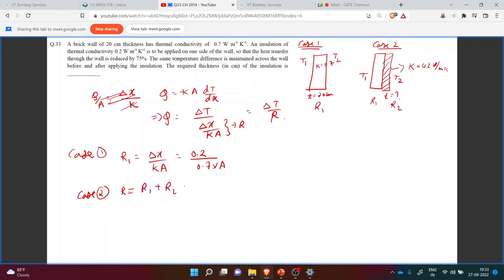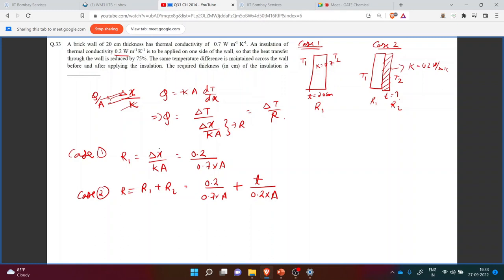R1 we have found as 0.2 upon 0.7 into A, plus R2, for which we have to find the thickness, the thermal conductivity is 0.2, into area. Now we have the resistance for both of these cases.